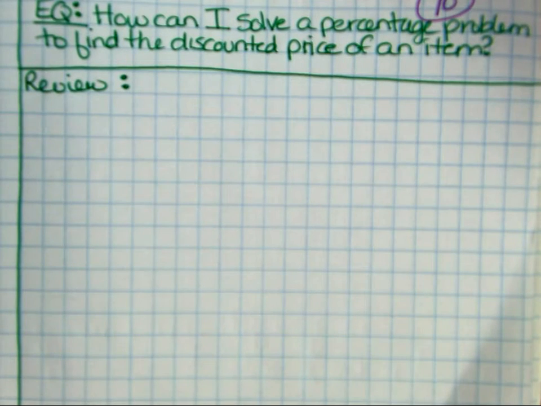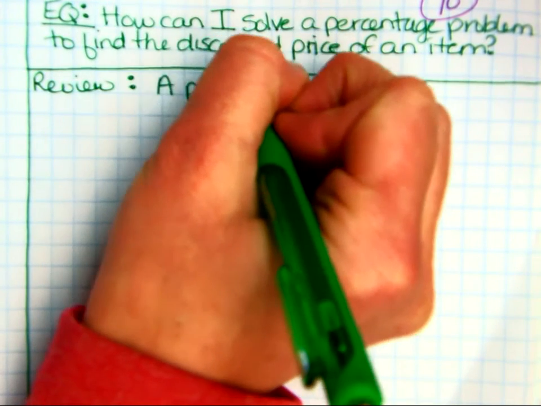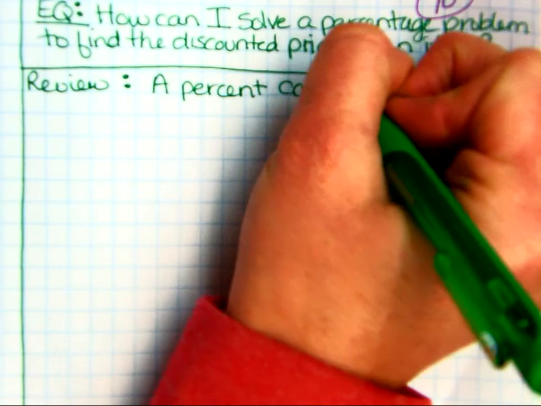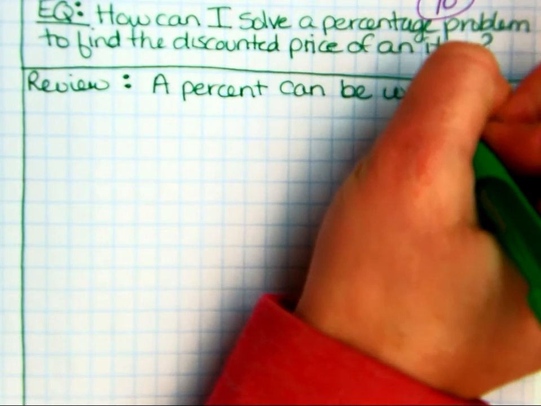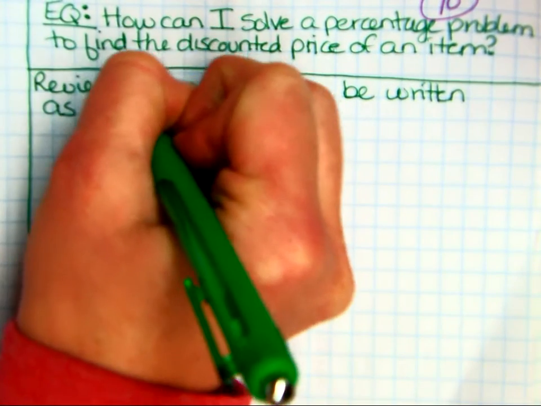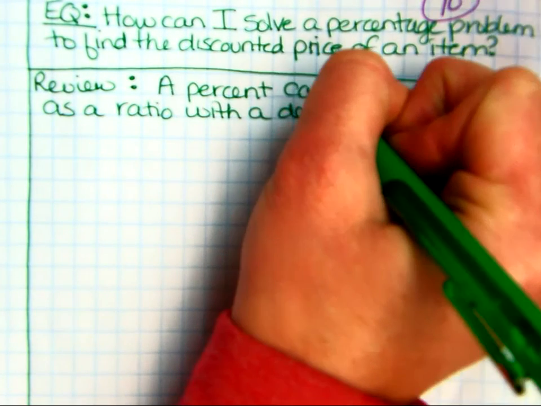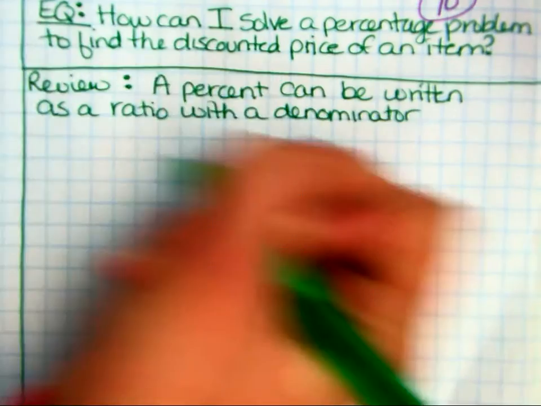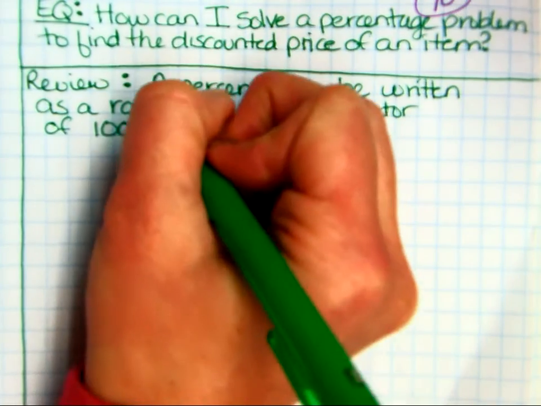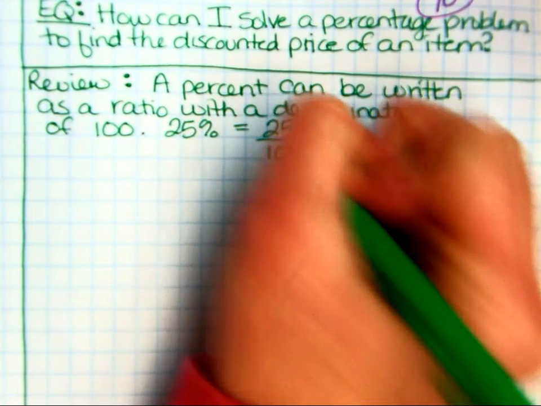And the first thing we're going to review is, remember that a percent can be written as a ratio with a denominator, bottom number, of 100. So for example, if I had 25%, that would equal 25 over 100.